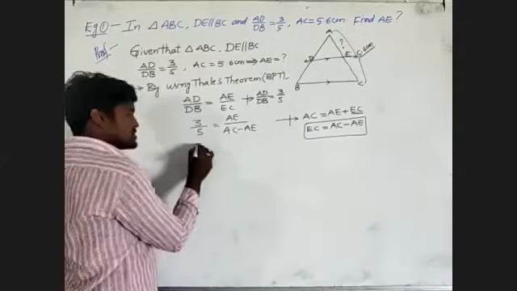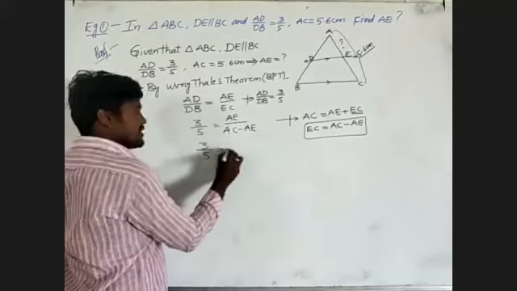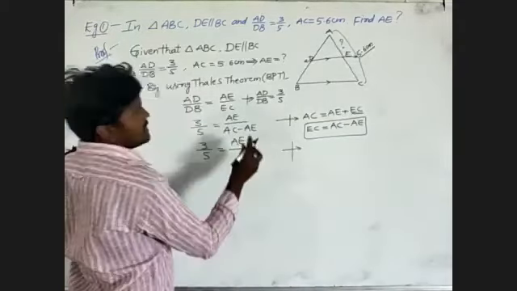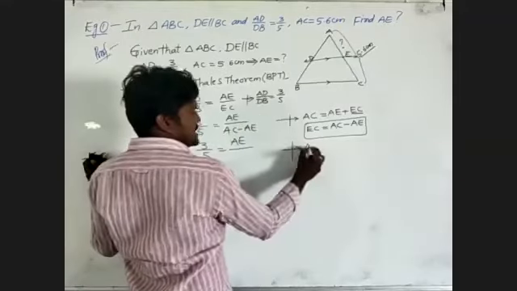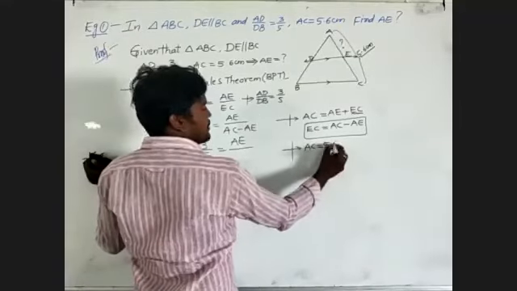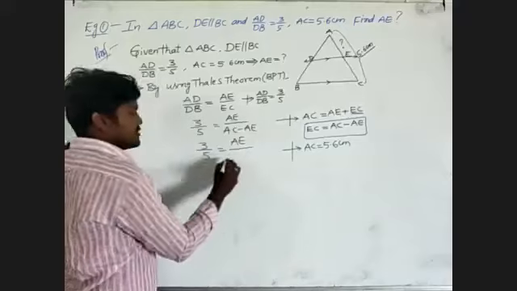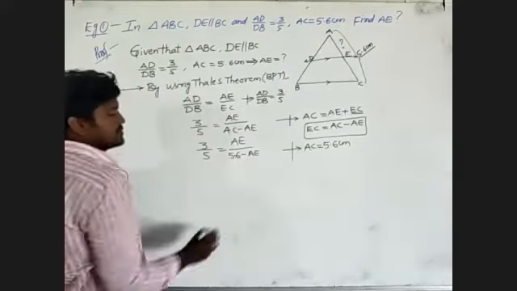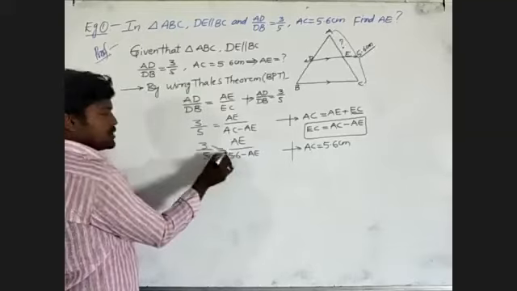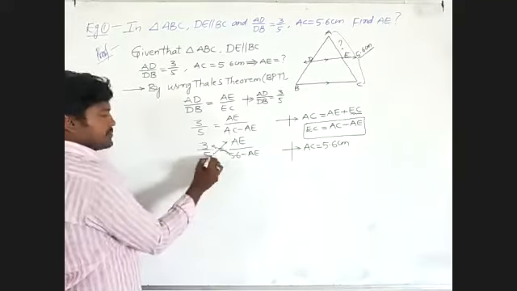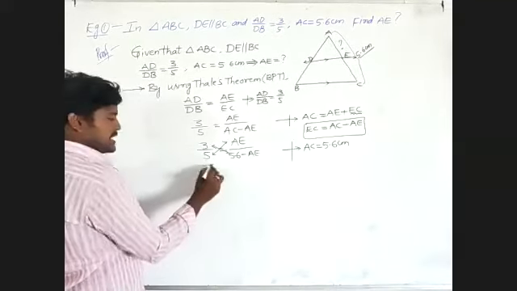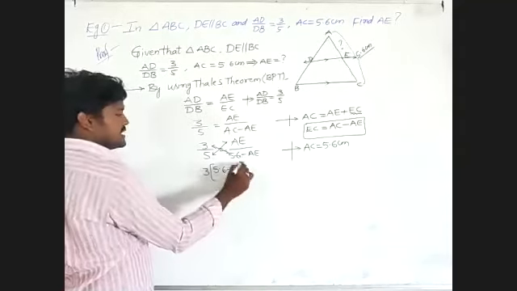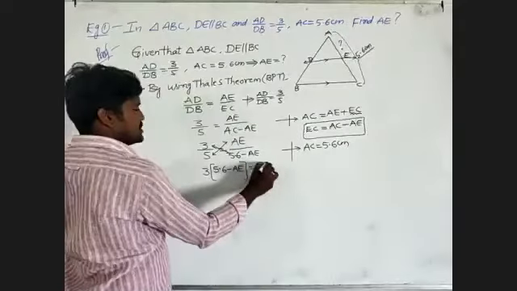Now I am going to the next step: 3 by 5 is equal to AE by the above problem. We know the value of AC is 5.6 centimeters, so that will be written as 5.6 minus AE. Here, by using cross multiplication, that will be written as 3 into 5.6 minus AE is equal to 5 into AE.